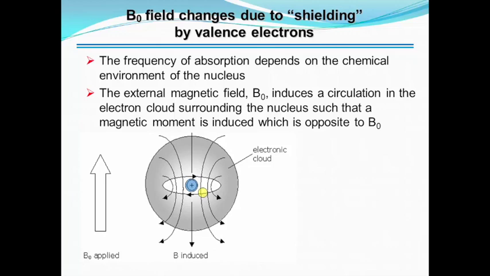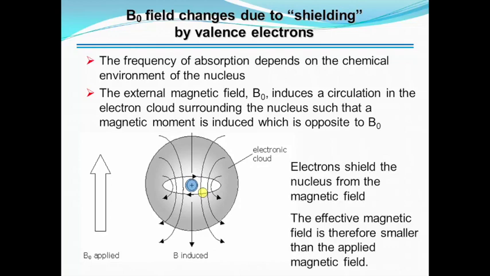And whenever you have a moving charged body in a magnetic field, it induces a magnetic field which is opposite to the applied magnetic field. It's kind of like a diamagnetic effect. So now this proton feels a slightly different magnetic field than the applied magnetic field. It's not a huge effect, but it's definitely something we can measure. Electrons shield the nucleus from the magnetic field, and the effective magnetic field is always smaller than the applied magnetic field.